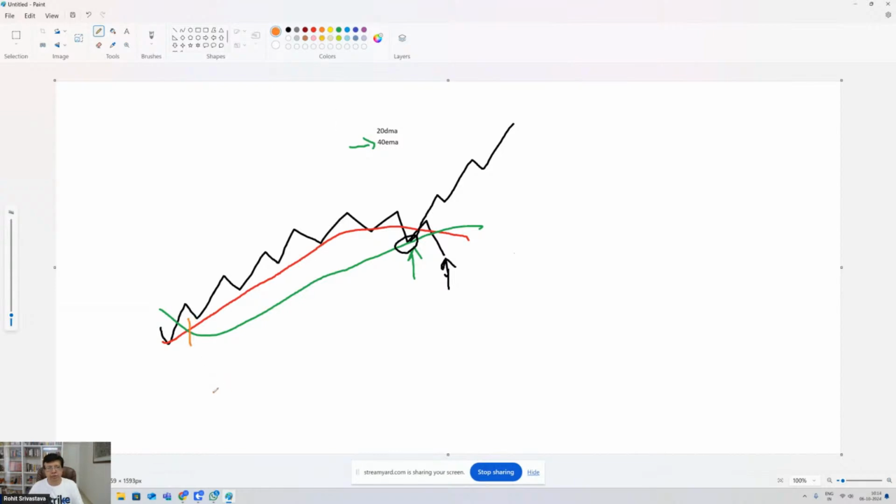So some people, so classic theory, and that's not what I follow, but just for your knowledge, classic theory is that when the green goes below the red, that's a sign that the trend is changing from down to up, because the shorter term average is actually crossing above the longer term average. So when the shorter term average goes above the longer term average, it's a bullish sign. And similarly, when it goes the other way, it can be a bearish sign as well.